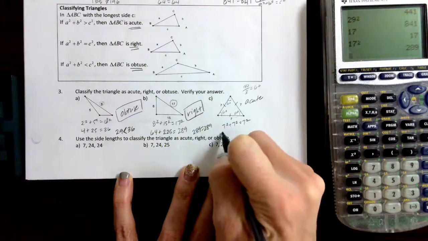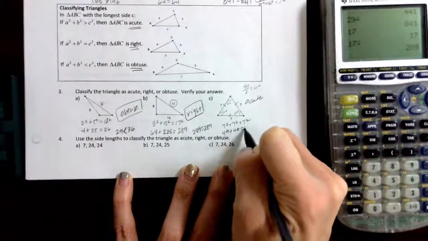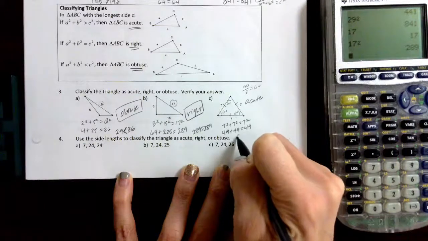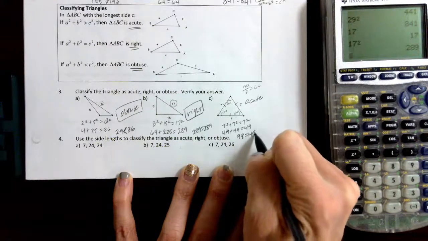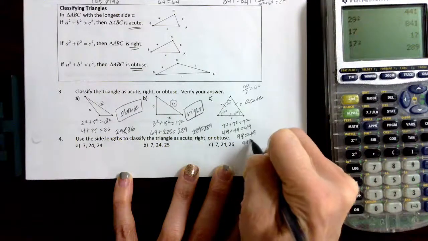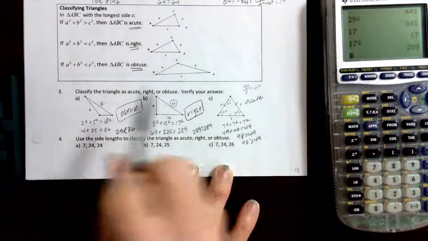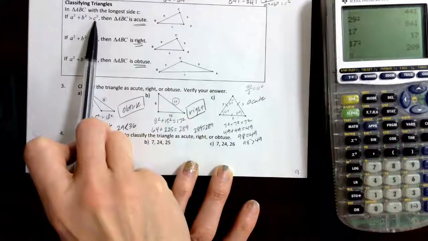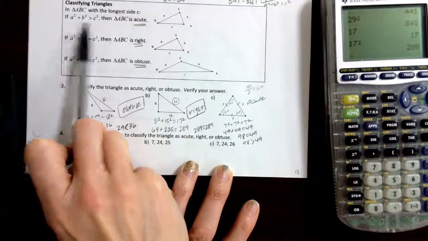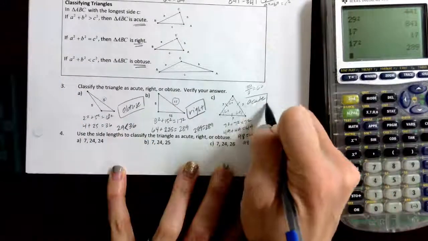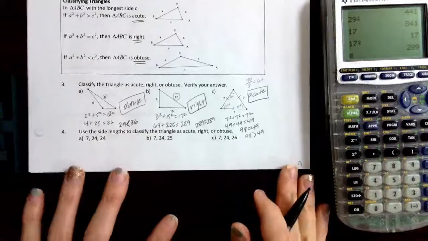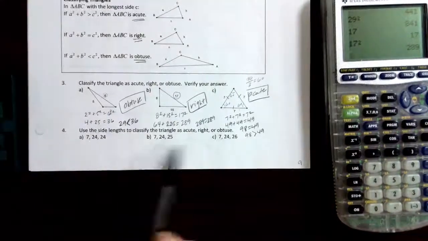Give me 49 plus 49 equal to 49. If I add 49 and 49, I get 98 equal to 49. I know they're not equal. 98 is really greater than 49. And once again, if that side is greater than the leg squared, then we say it is acute, which is what we found.